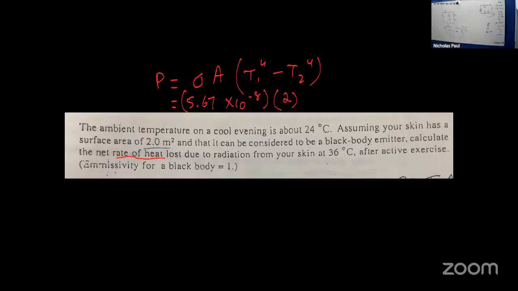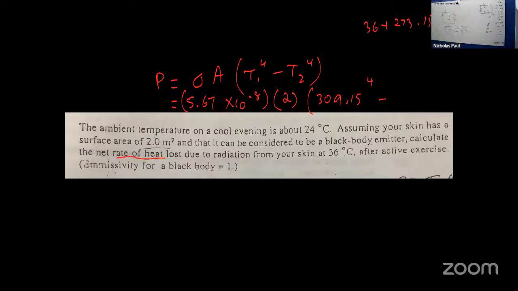And which one was the larger temperature, from the skin? So it's 36 plus 273.15. You have to use 273.15. How much is that? 309.15 to the power of 4.